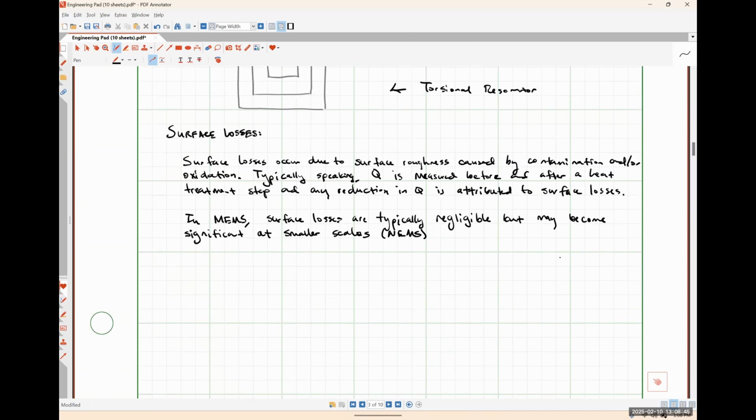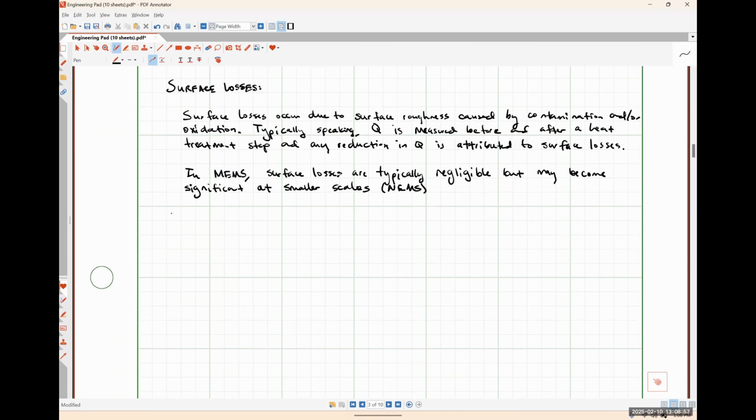The last one that I want to talk about for today, and this is just because our air damping is a good 5 pages of notes just in and of itself, so we're going to leave a little bit early, is the mode conversion losses that I referenced a few moments ago. Okay.